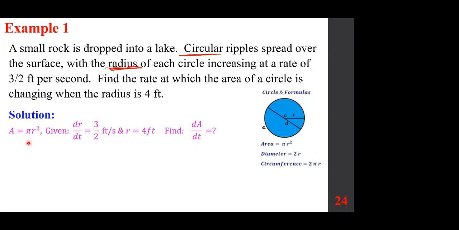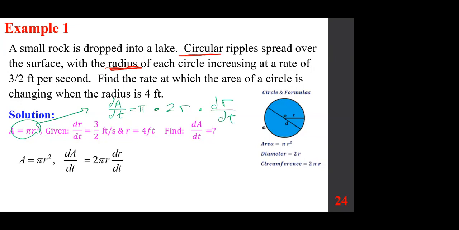So I want to quickly show you that. So that gives you dA/dt equals pi times r squared. That gives you 2r dr/dt. So that means 2 pi r dr/dt.